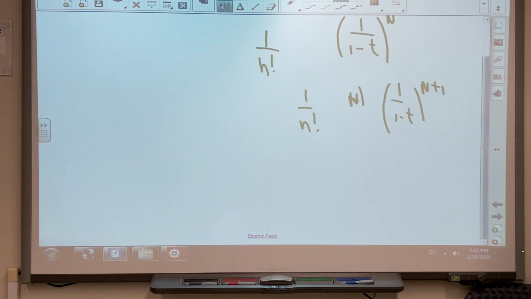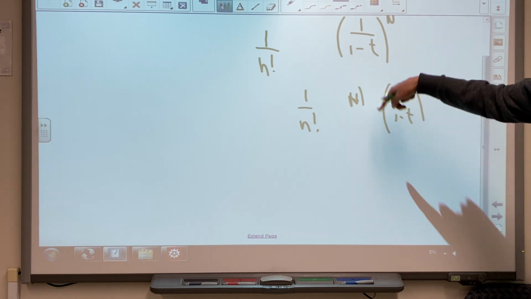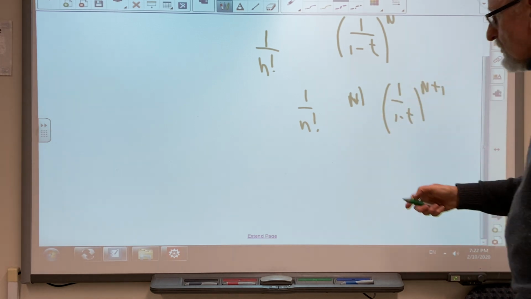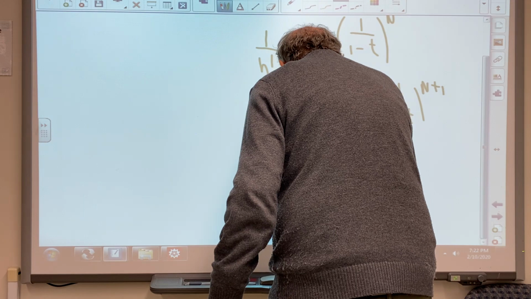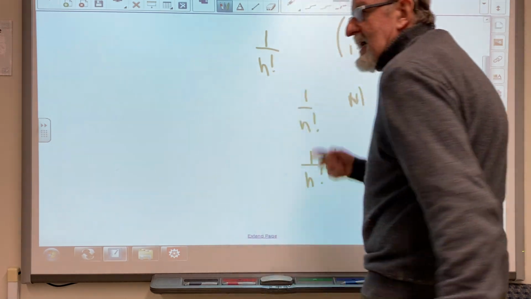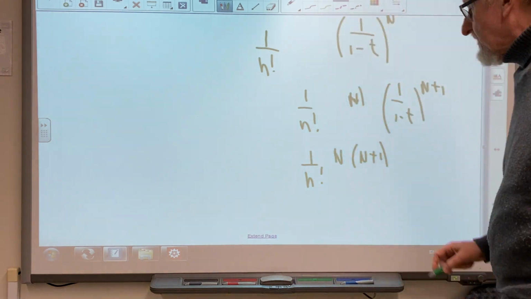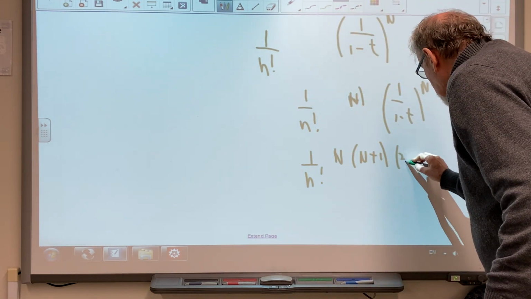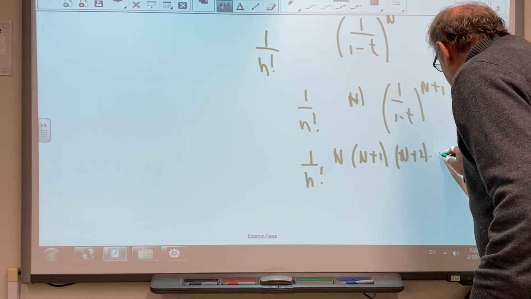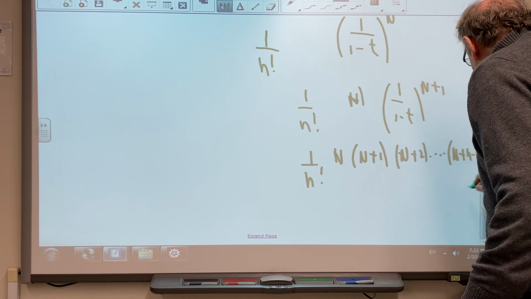What is that? 1 over n factorial times what's that? The number n, that's from taking the first derivative. Now I have to take another derivative. So you will get 1 over n factorial, and I will get n, that's when I take the first derivative, n plus 1 from taking the second derivative, n plus 2 from taking the third derivative, all the way to n plus little n minus 1.